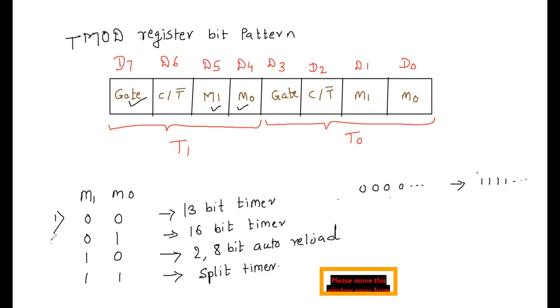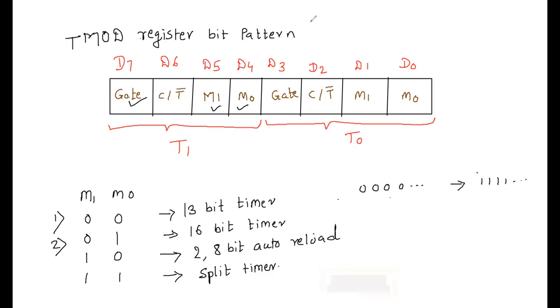Now the most popular mode is the second mode, mode 1. In various applications this mode is highly used. Here it acts as a 16-bit timer as a whole, which is the maximum limit of the timer.